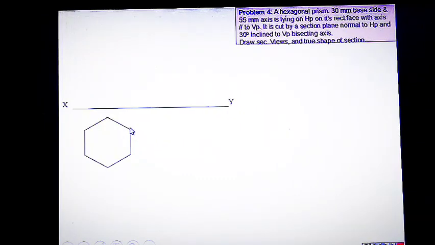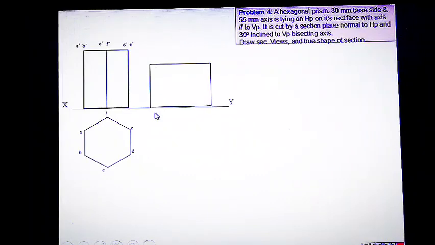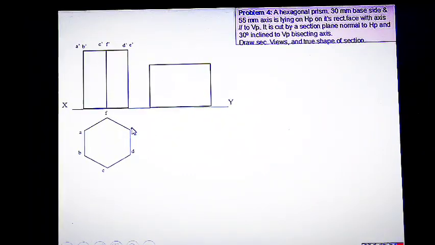So keeping one side perpendicular to the XY line, you have to draw this hexagon like this, which represents the plan of the solid. Now you have to name the corners as A, B, C, D, E, F, and then you have to draw the elevation of the hexagonal prism. Now change the position of the solid, that is, lay the solid on this rectangular surface containing E and D.